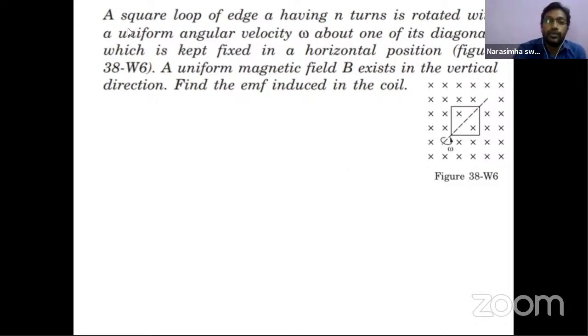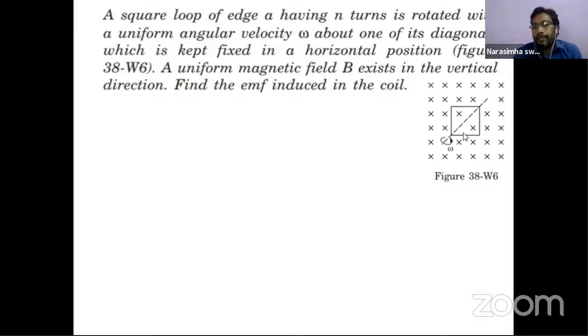The square loop of edge is there, having n turns, rotating with a uniform angular velocity omega. See how it is rotating. The axis is along the diagonal. That's what is conveyed in the problem, about one of its diagonals, which is kept fixed in the horizontal position. Understood?